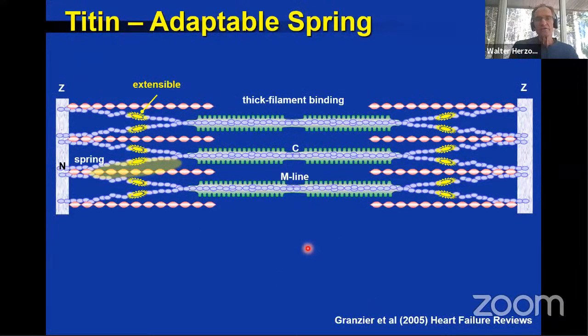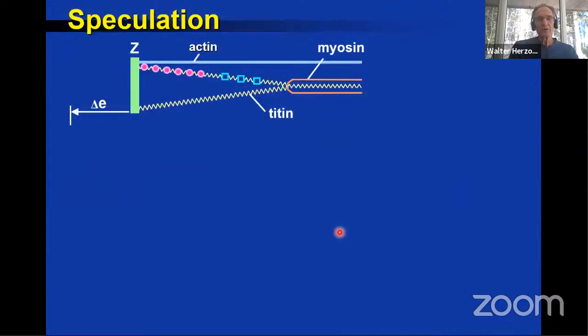And one of the reasons why I introduced the titin filament, shown here in blue again, is because we felt very early on that maybe these history-dependent properties could be explained by the action of this third filamentous protein in sarcomeres, titin. And very early on, about 20 years ago, we proposed the following hypotheses.